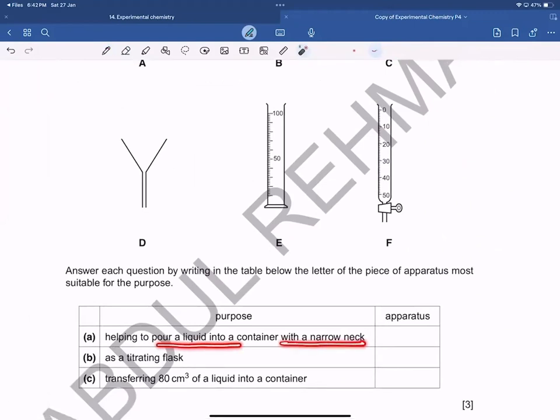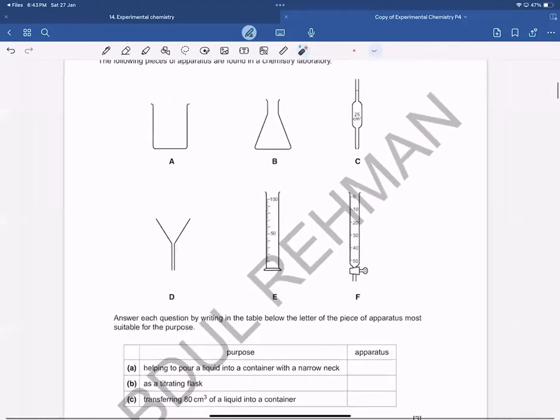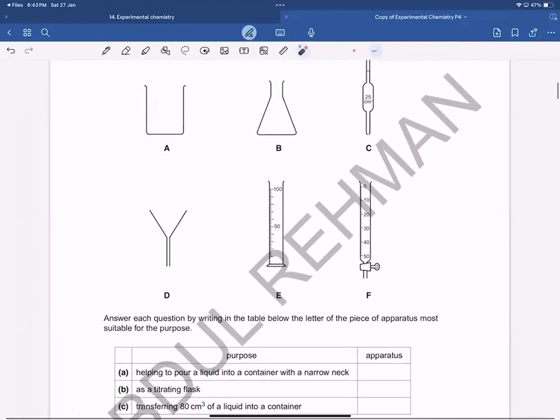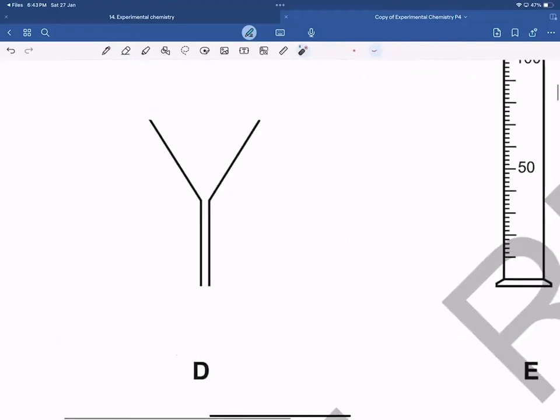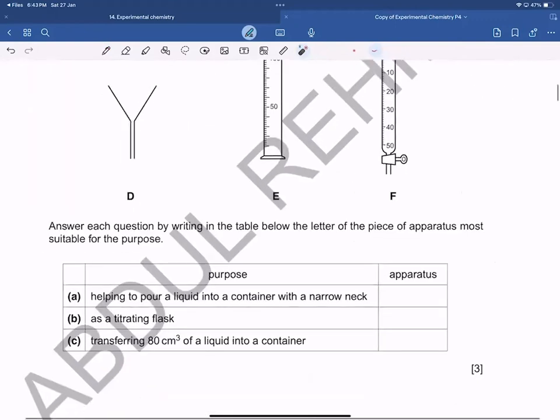Why do we use a funnel? So that liquid, where the neck of the apparatus is narrow, where we are adding it, we will always use a funnel, right? See, read the question again.